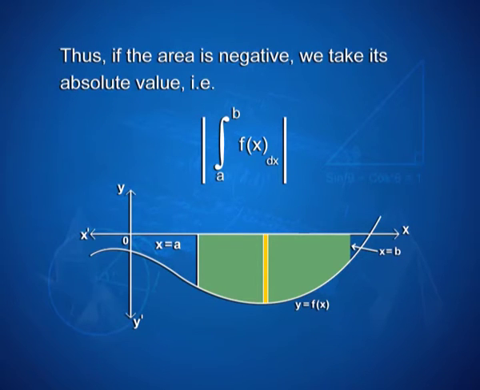Thus, if the area is negative, we take its absolute value, that is the modulus of the integral a to b f(x) dx. For example, we have a curve below the x axis here, Y dash is the y axis and the curve is given by y = f(x), x = a and x = b are the ordinates and the strip is taken here.